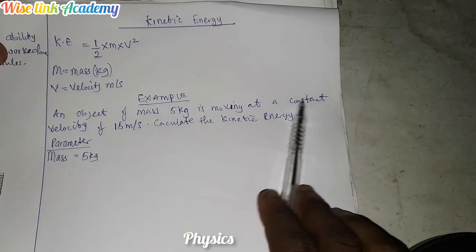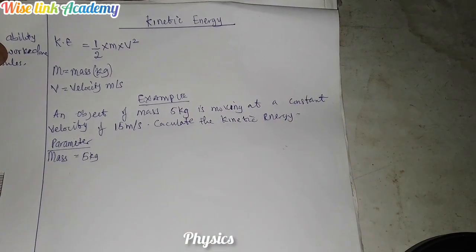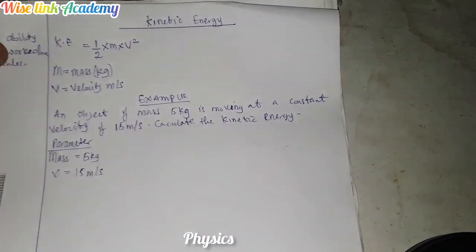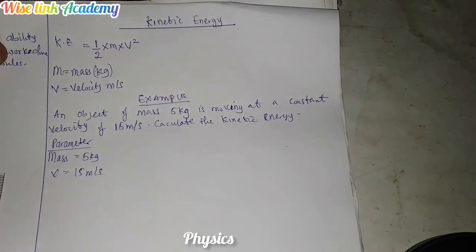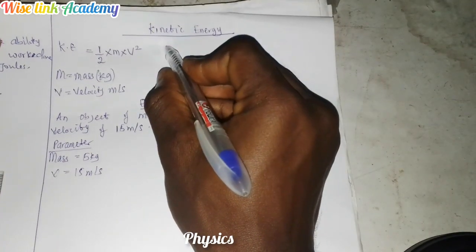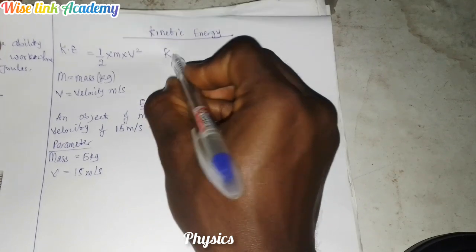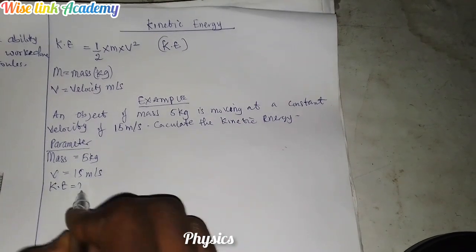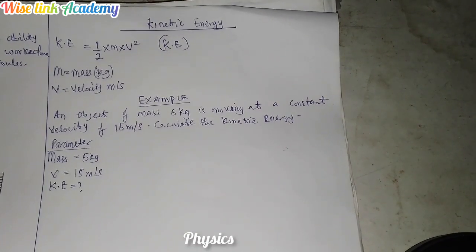At a constant velocity of 15 meters per second. So V is 15 meters per second. Calculate for kinetic energy, and note that kinetic energy is also denoted as KE. So they said find KE, kinetic energy, isn't it?